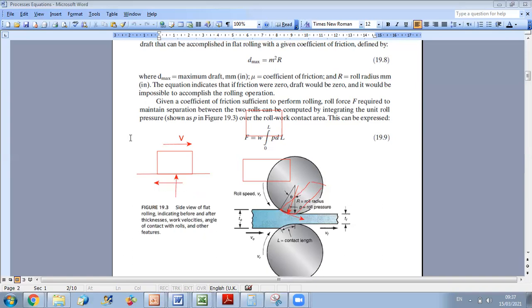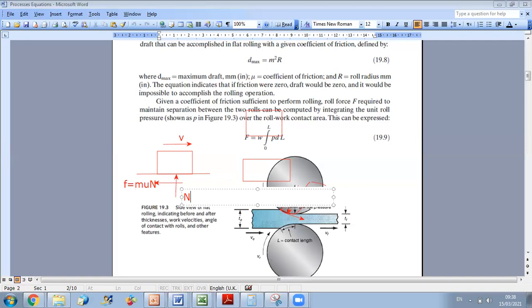So the friction coefficient is used to calculate the friction by multiplying the normal force between the surface and the object by mu. So the friction force between the rollers and the work part depends on the interactive force between the two and the friction coefficient. If we don't have friction, it's not possible to accomplish the rolling operation.